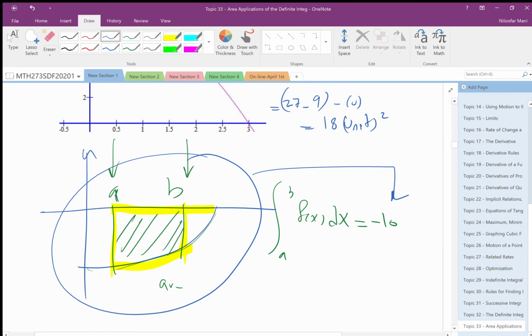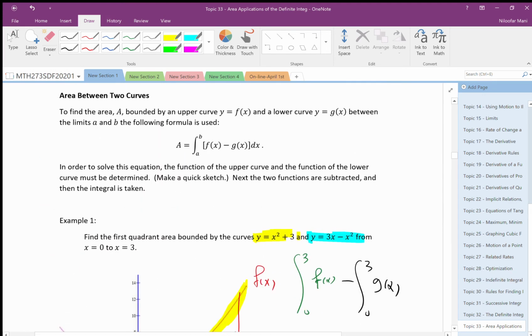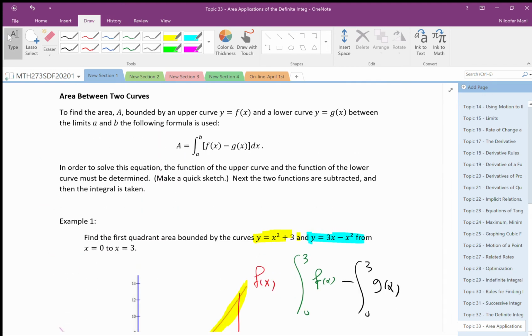If you have the picture, you can see. If you don't, you can find the answer, and just for the answer of the area, you have to use positive to show me that you know area must be positive. I cannot say I have a land and the area is minus 100 meters squared. It doesn't make any sense.